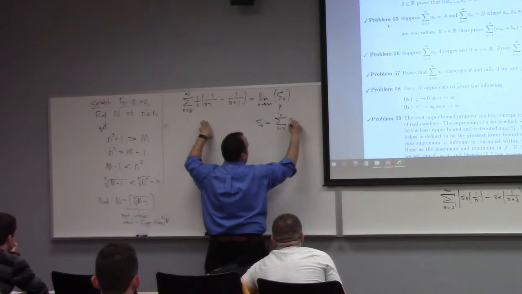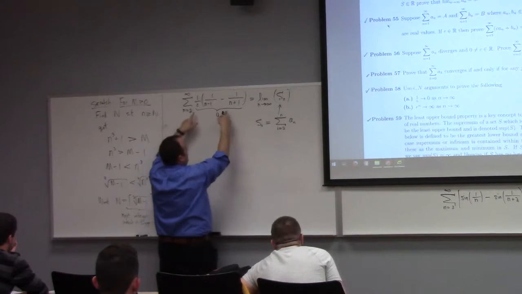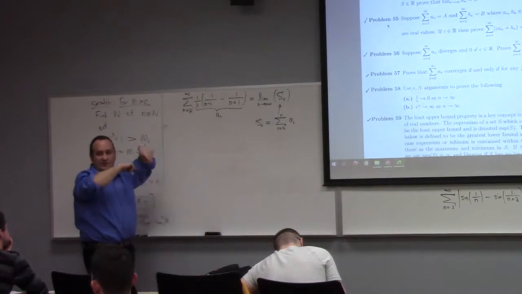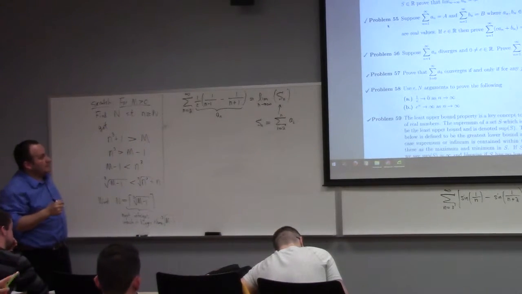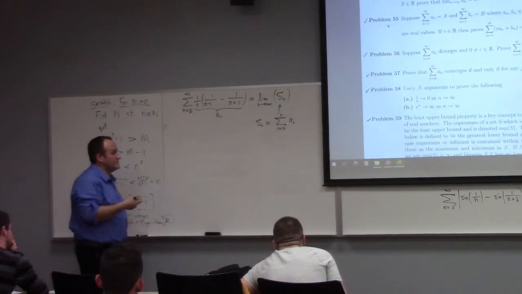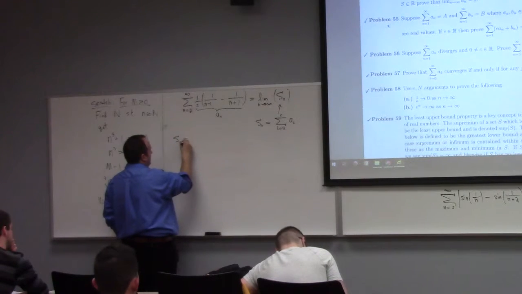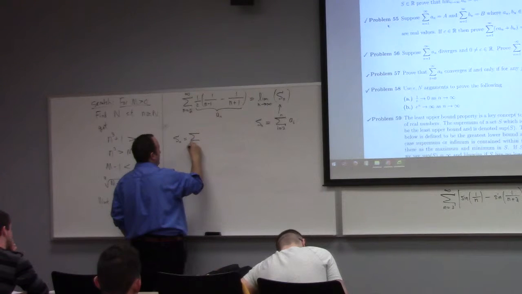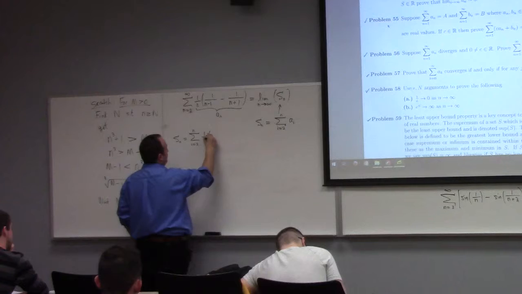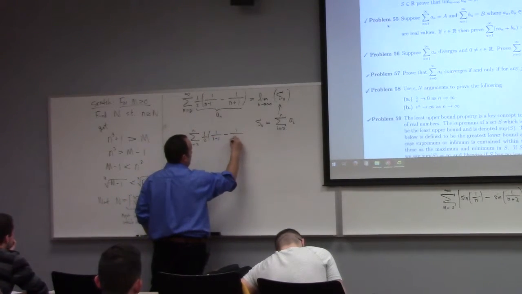Well, let me call it a sub n here for a moment. This is a sub n. Excuse me, a sub i. This over here, I would want to put an a sub i. But the sum goes to n. I've often used k instead of i in this class. But here we go. s sub n equals the sum, i equals 2 to n, of 1/2 times 1 over i minus 1 minus 1 over i plus 1.